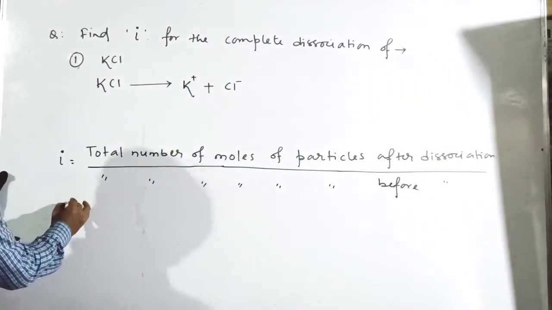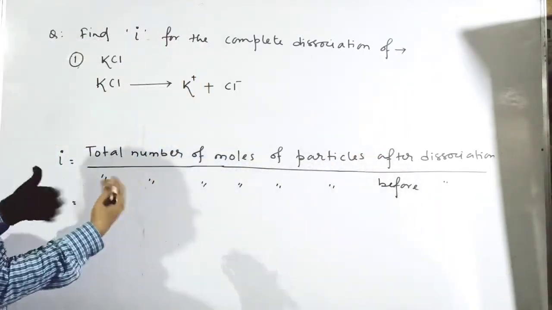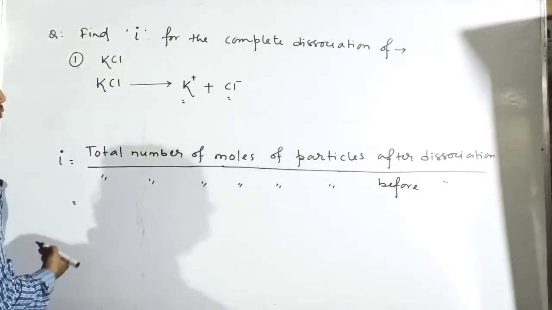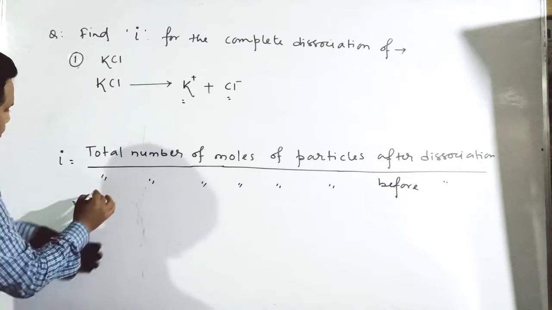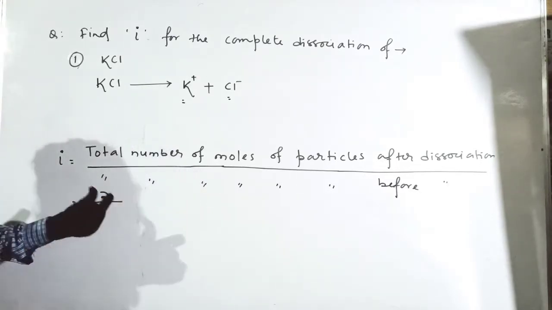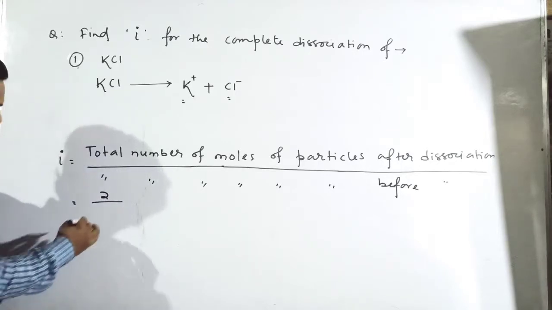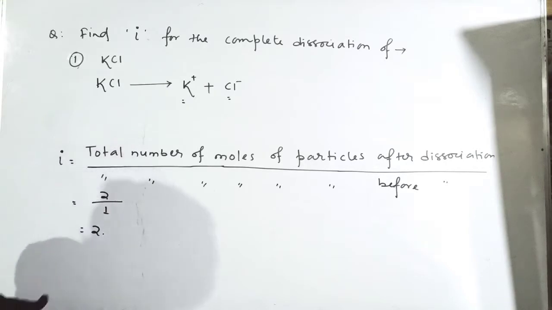After: 1 mole of K plus and 1 mole of Cl negative, so 1 plus 1 is 2. Before, it is only one. So 2 by 1, the answer will be 2. The value of i for KCl is 2.